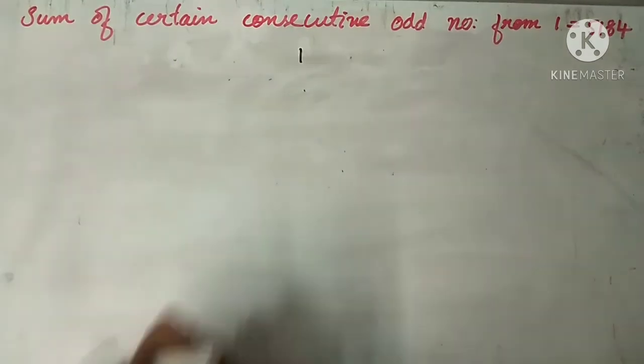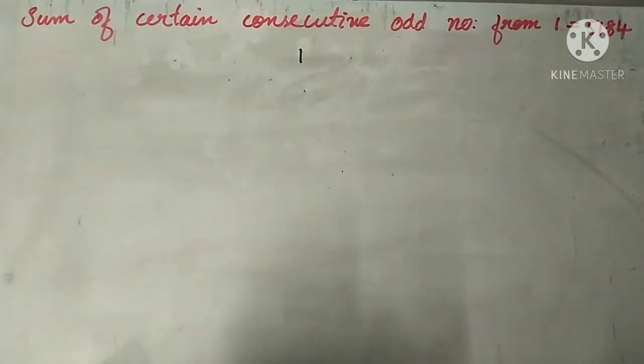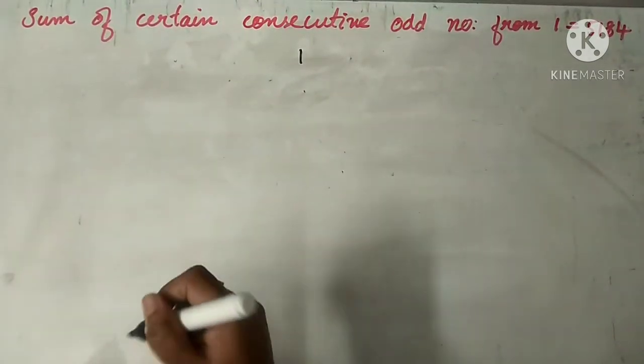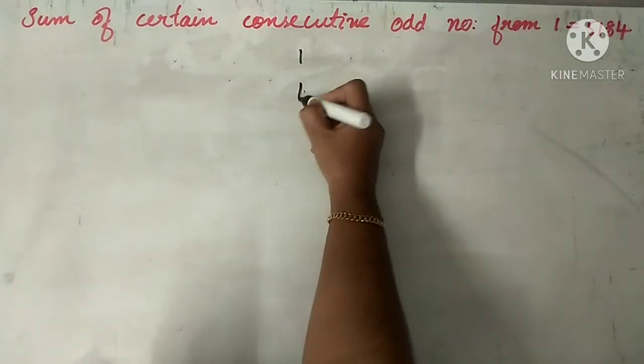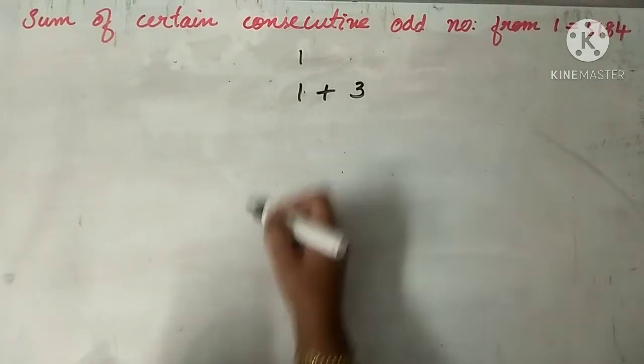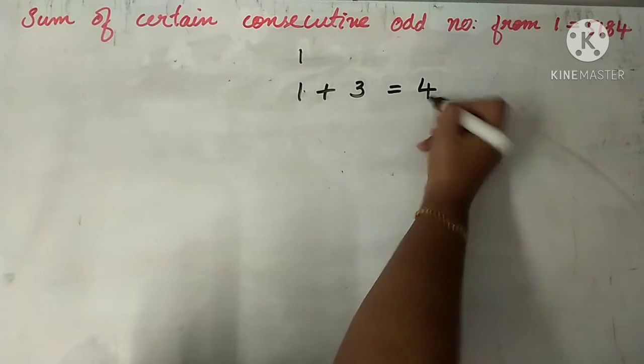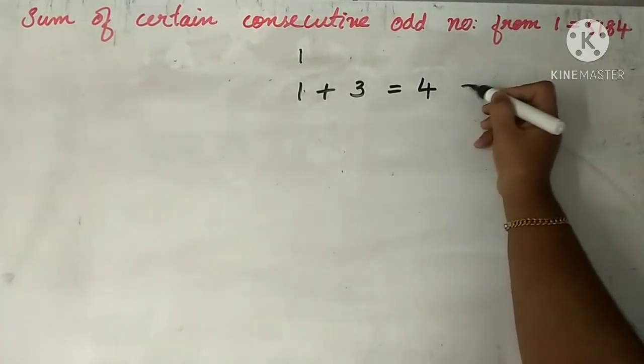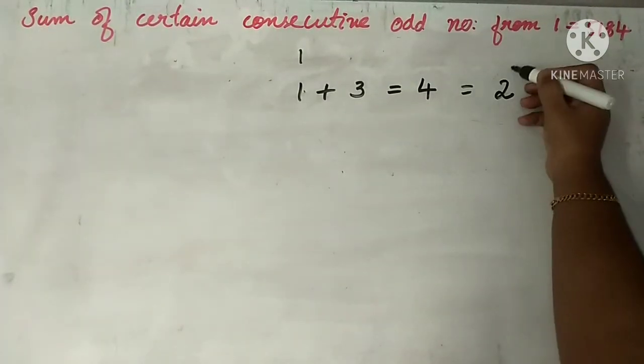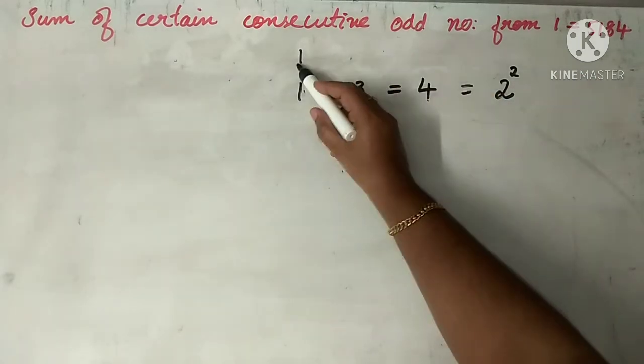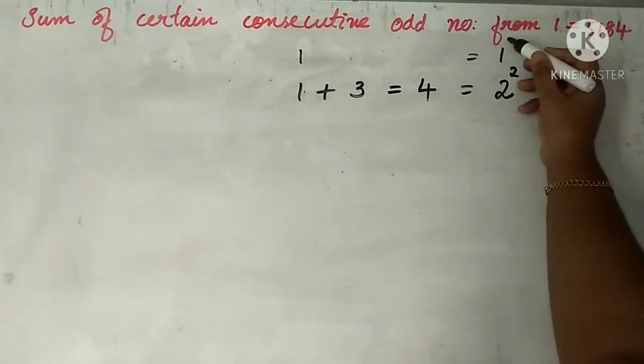Before coming to the question, let me show you one fact. The odd number 1 is a perfect square. When we add the first two odd numbers, 1 plus 3 is equal to 4. 4 is the square of 2. 1 is the square of 1 itself.